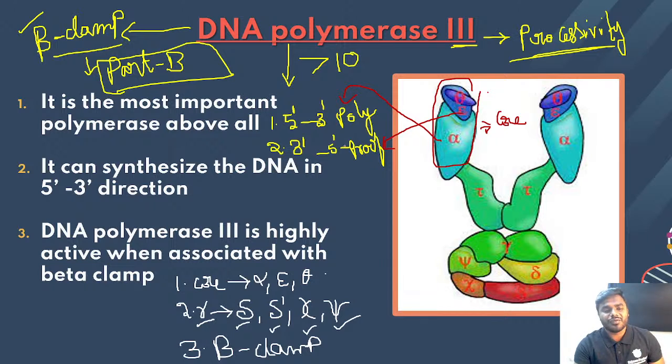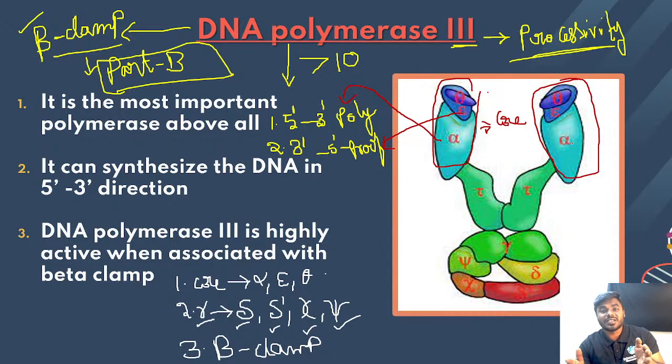Now, here comes a very interesting and important point. What is that interesting and important? Listen, how many core enzymes are there? Two core enzymes are there. Most of the students will think that there are two DNA polymerase 3 enzymes. One DNA polymerase 3 enzyme will hold one parent strand and the leading strand.